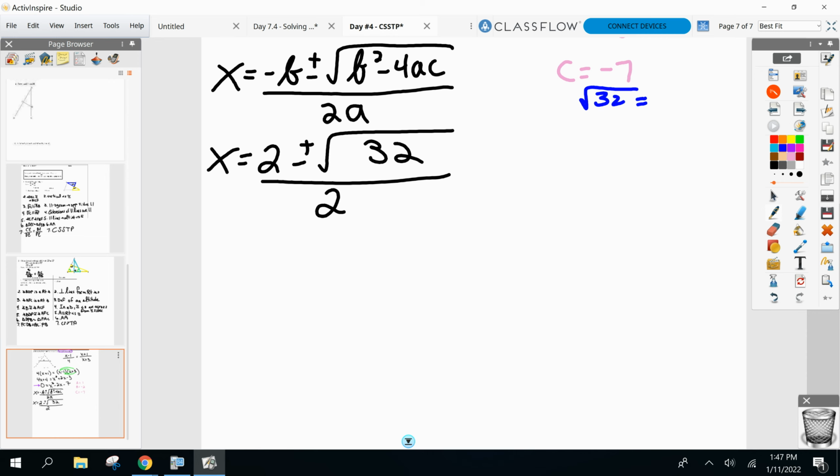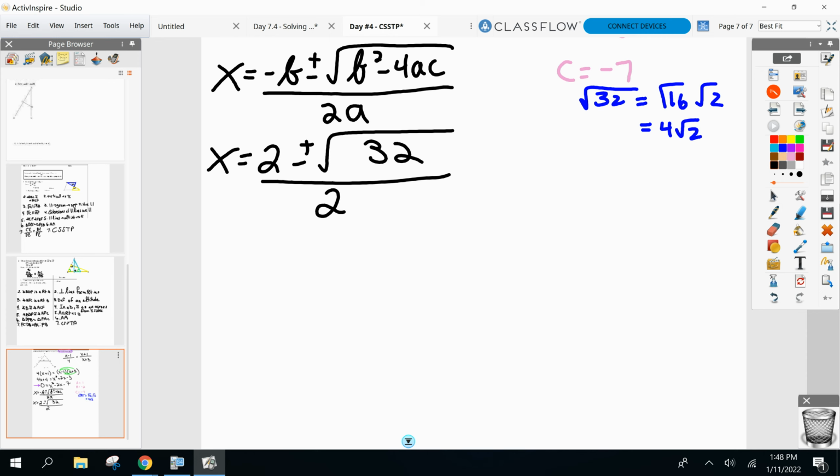Break it down and replace it. Are we breaking it down into 16 and 2? And we're replacing radical 32 with 4 radical 2.